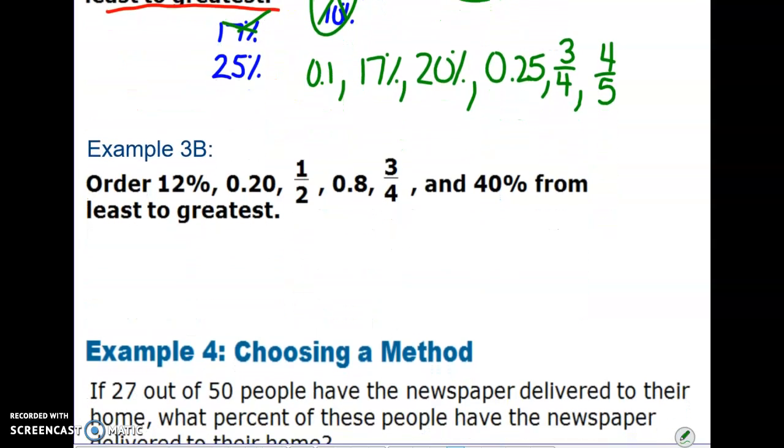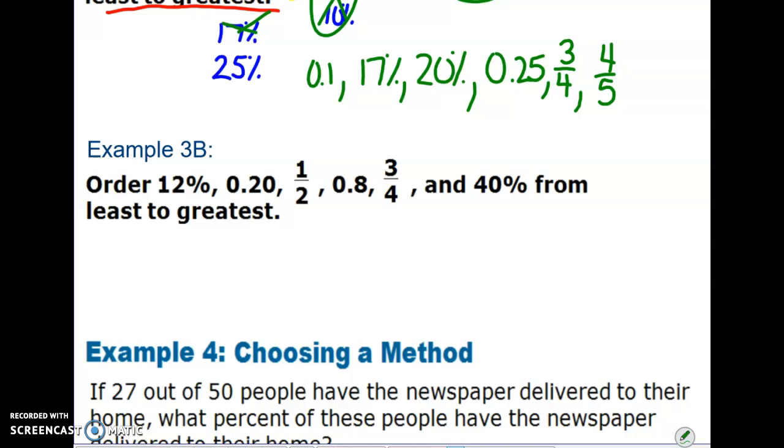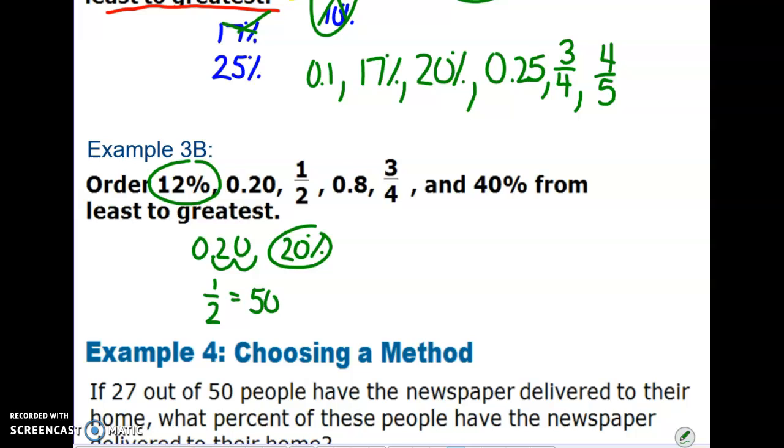Okay, looking at my next one right here, ordering 12%. I'm going to look at this second one, moving that to a decimal. I know that is 20%, so I've got 12%. I've got 20%. If I think of money, 1/2 of a dollar is the same as 50% of a dollar. I've got 8/10.